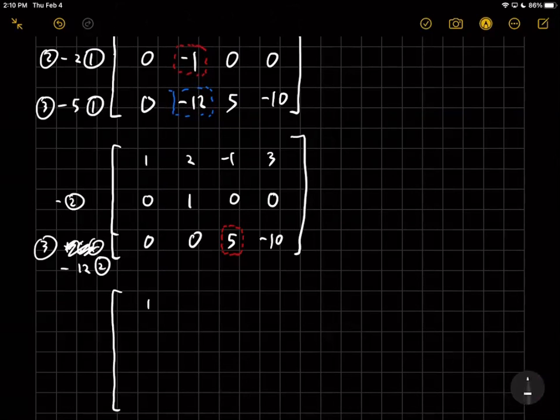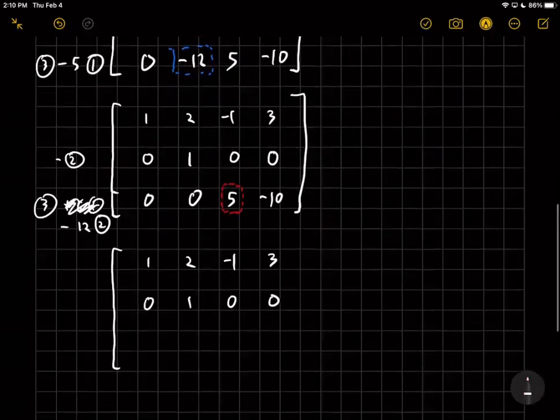This was a 1, 2, negative 1, 3. Row 2 is 0, 1, 0, 0. We're very happy with that row. Then we take the old row 3 and divide by 5, or multiply by 1/5 if you prefer, and we get a 0, 0, 1, negative 2.